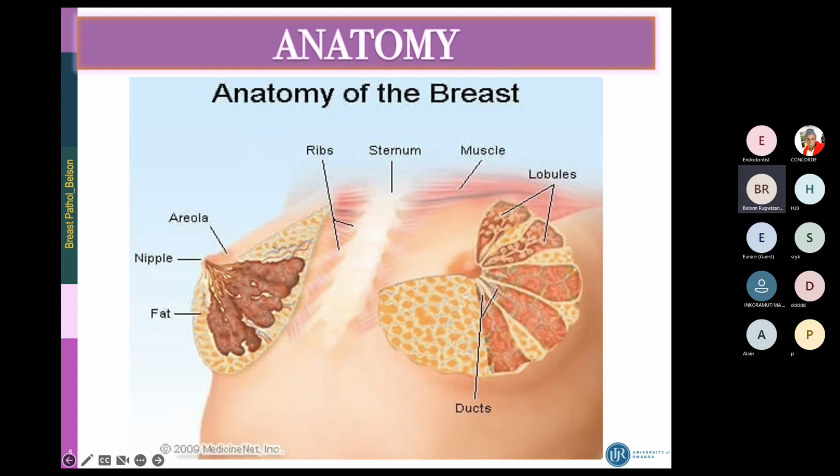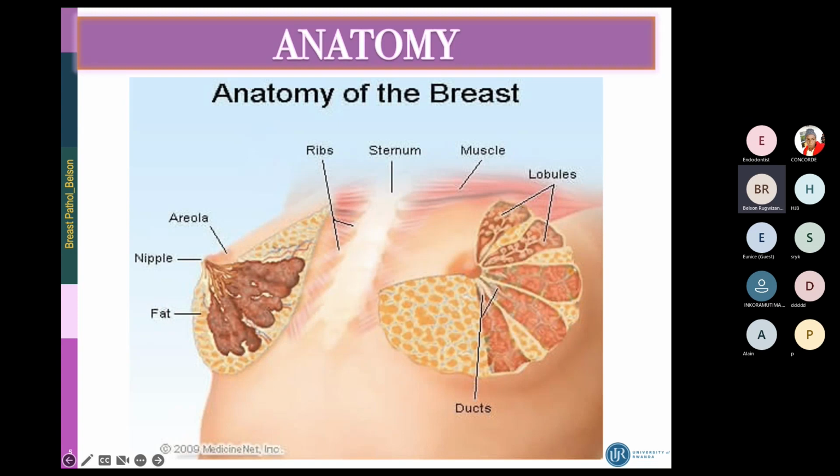That's why the diseases of the breast are mainly epithelial, from lobules or ducts, and a few diseases are from the stroma, which is fibrous and also with some fat.